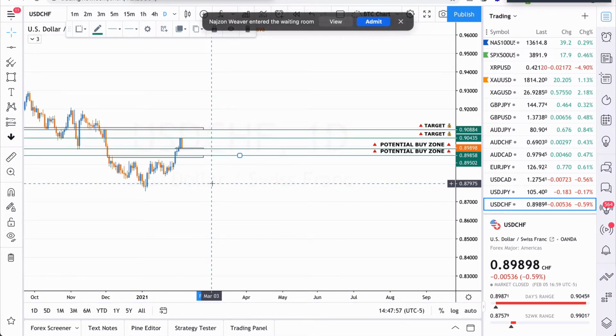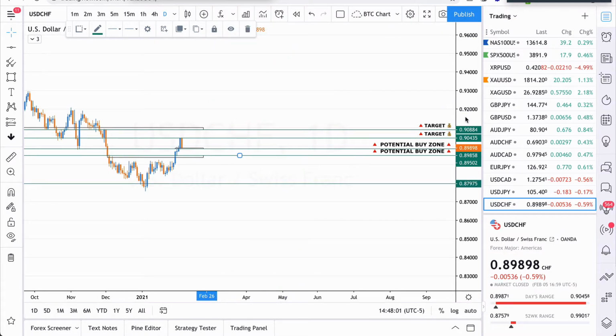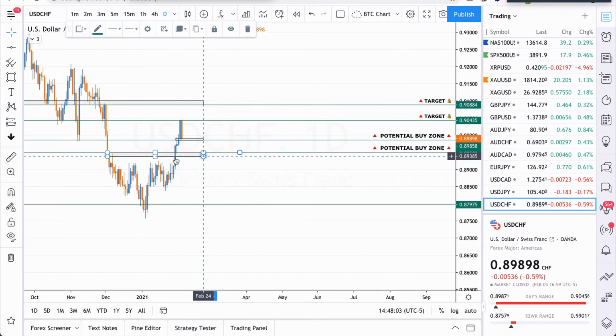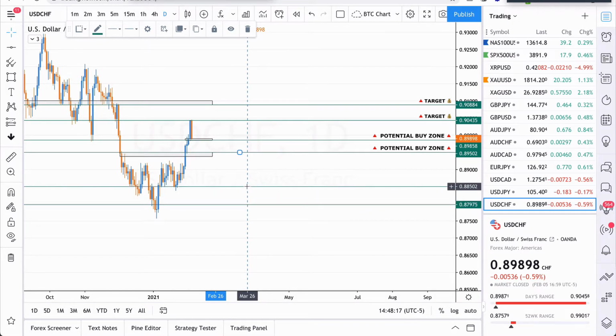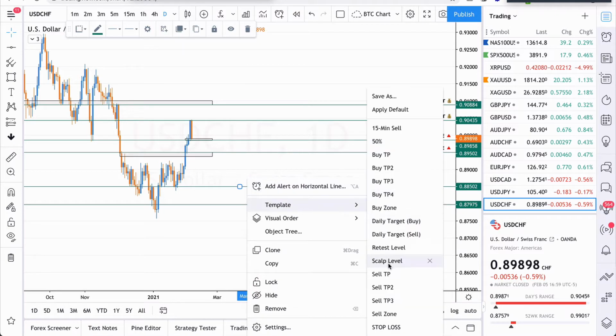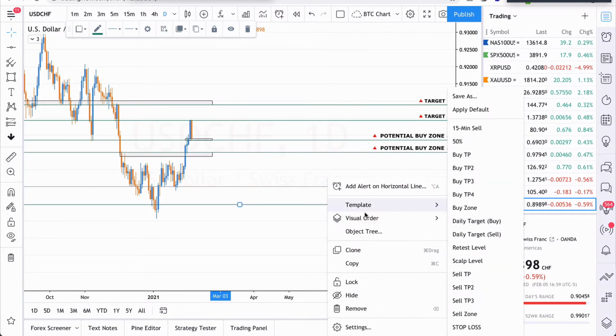Right in here. If price continues down, you don't even need a retest here because this is the retest on a downtrend. If it breaks down, this is your sell target. So this will be the first one. This will be a second one.